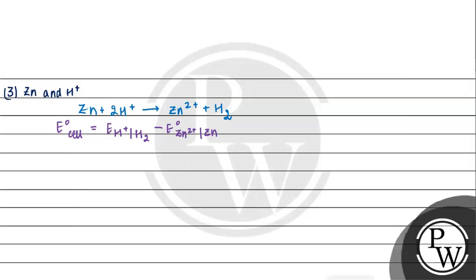And we know that E° of hydrogen is 0. तो हमारा 0 minus (-0.76) will be equal to 0.76. So we can conclude that first of all E° cell is positive. तो हमारा ΔG° will be negative, and we can say that E° cell is negative of E° electrode.